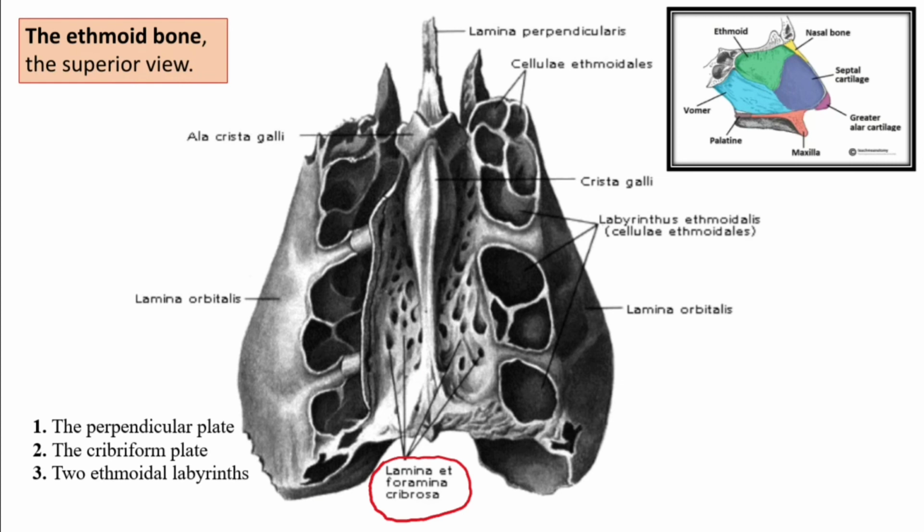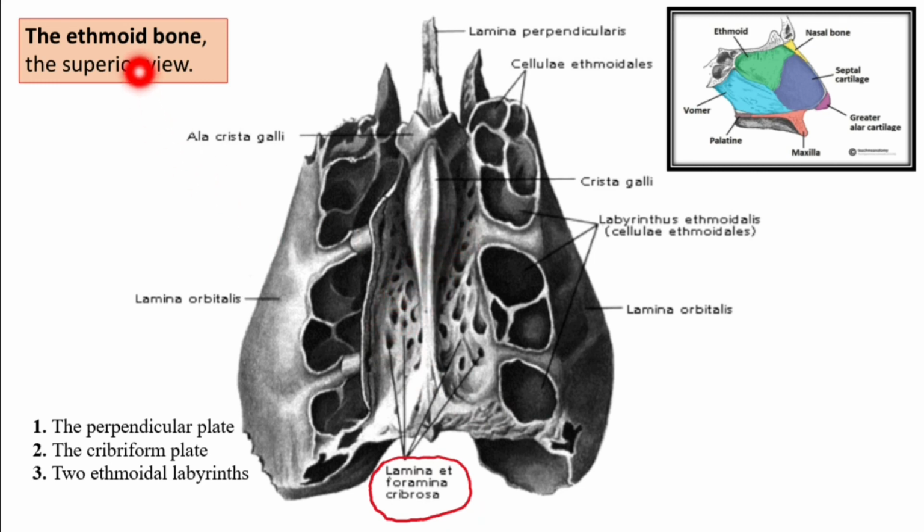So I told you about the cribriform plate, right? So this one is the superior view of the ethmoid bone, right? And you see these foramens, the cribriform foramina, right? So this is lamina and foramina cribrosa, right?